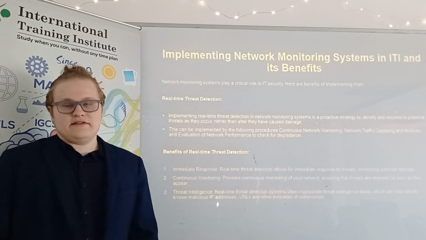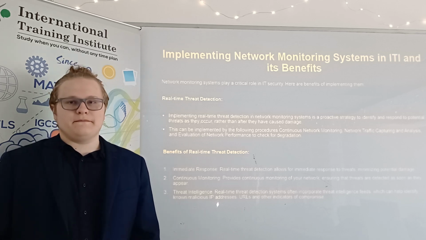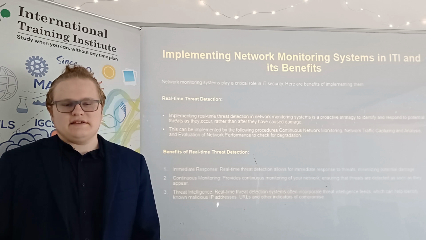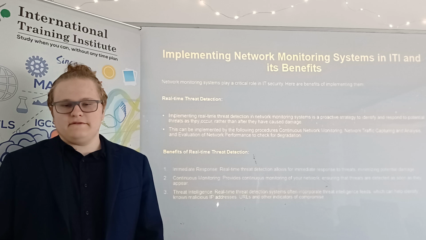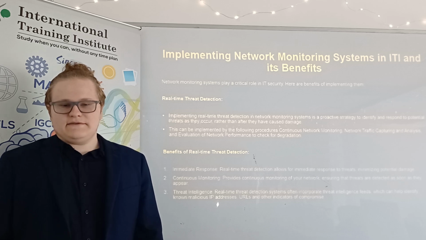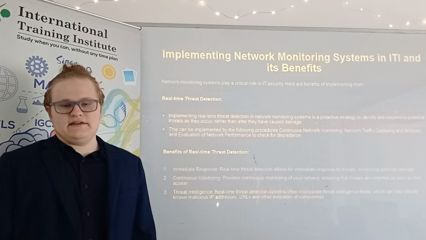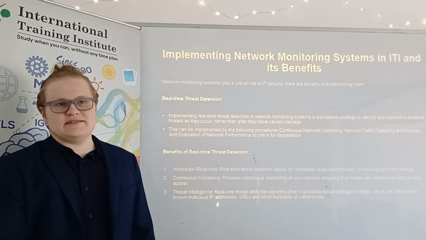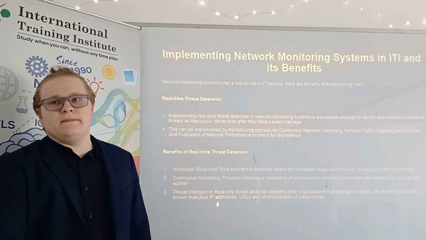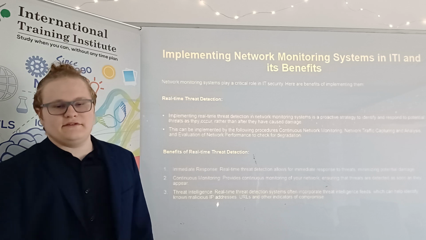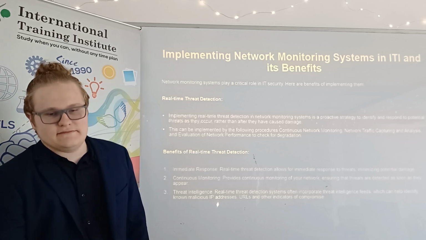First, real-time threat detection allows for detecting threats in real time and allowing appropriate, immediate responses, and continuous monitoring itself provides a stream of data ensuring that threats or any misdoing is caught immediately. And threat intelligence is how you set up the monitoring to inform you of any threats that could potentially harm the system.